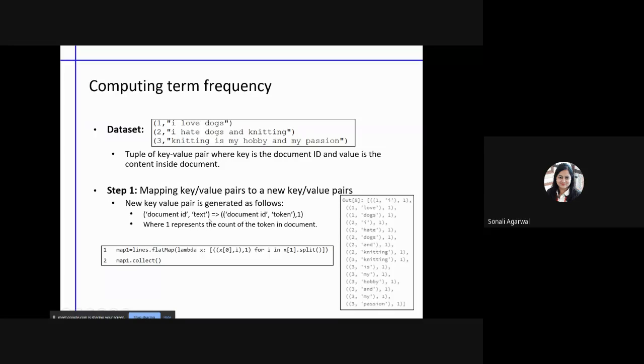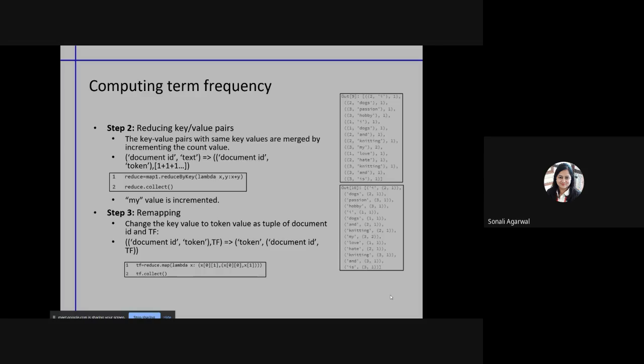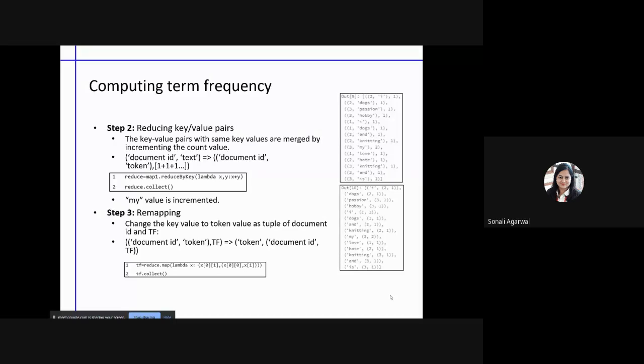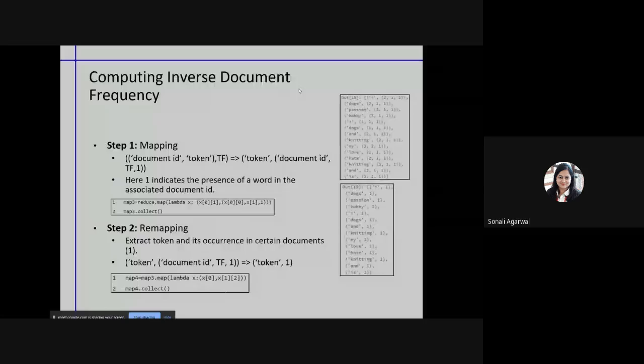You can see that here we are generating the mapping function. For every word, we are calculating the mapping of key-value pairs. Then finally we have the reduce function, reducing the key-value pairs and counting all those aspects, and if required we can perform the final mapping. This is how we calculate the term frequency.